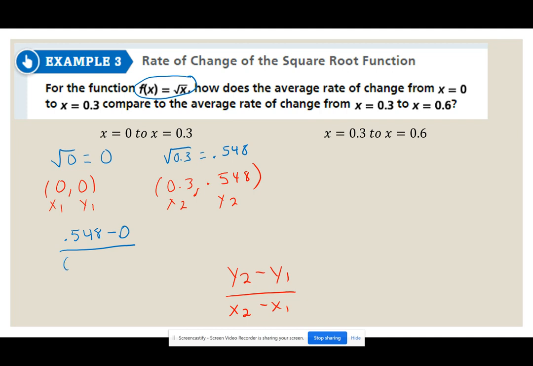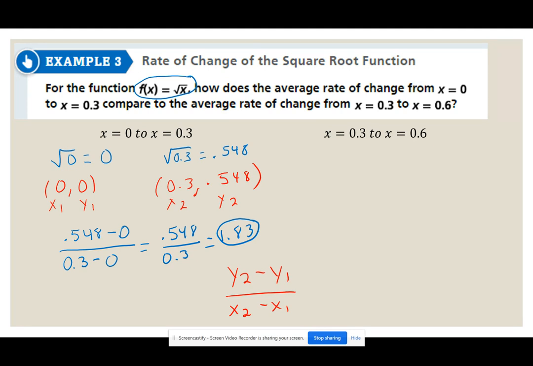My x2 value is 3/10, and my x1 value is 0. So if I go ahead and do that subtraction, I end up with 0.548 over 3/10. And if you divide that, you end up getting 1.83. Okay, so that is the rate of change of this function between the x values of 0 and 3/10.